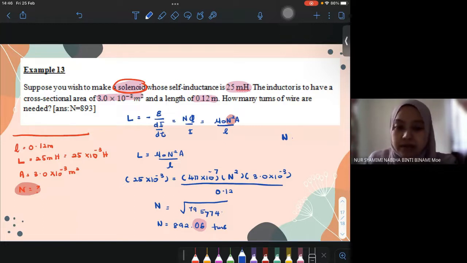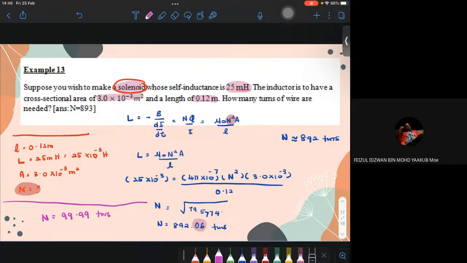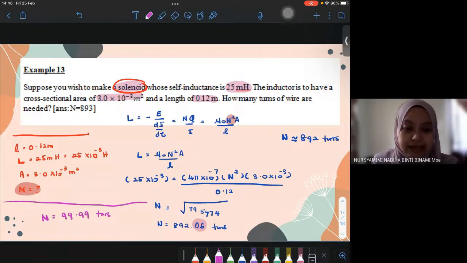Okay, macam saya mention hari tu, contoh kalau kamu dapat N equals to 99.99 turns. Berapakah N saya? 100. Is it 100? Jawapan A ialah 100, jawapan B ialah 99. Okay, cuba kamu try answer dekat poll.